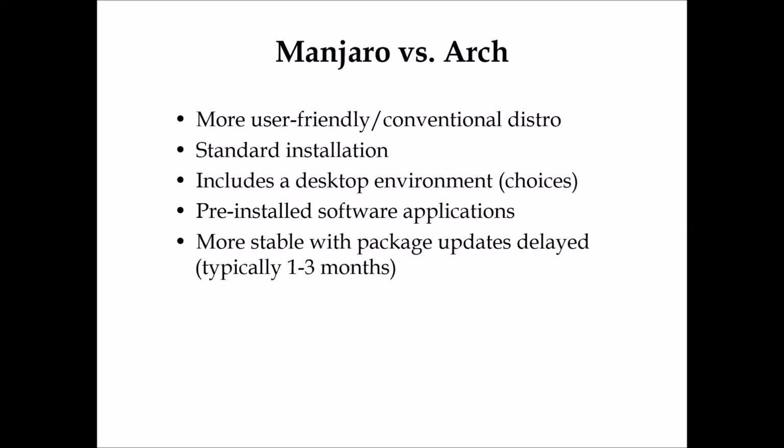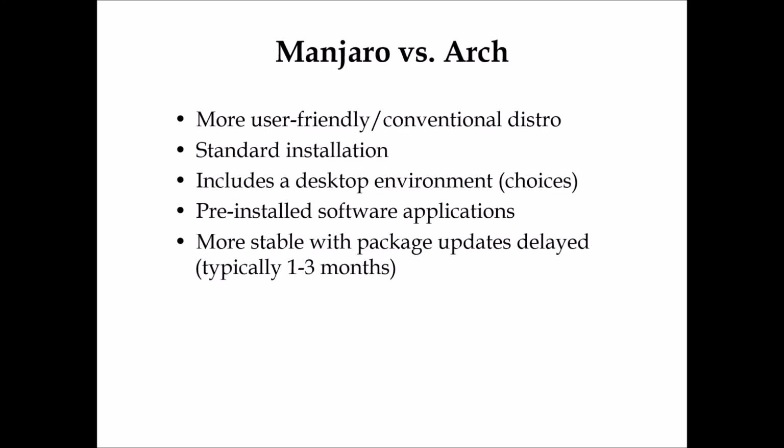So the thing about Manjaro against Arch is that it's a more user-friendly distro, and as I said earlier, it's more conventional. You get a standard type installer, a graphical user type installer. You have a desktop environment at the end of the day, and in fact, you have choices of which desktop you'd like to use. You have many more pre-installed software applications, more bundled software.